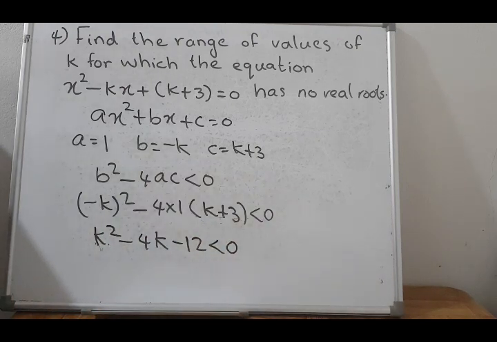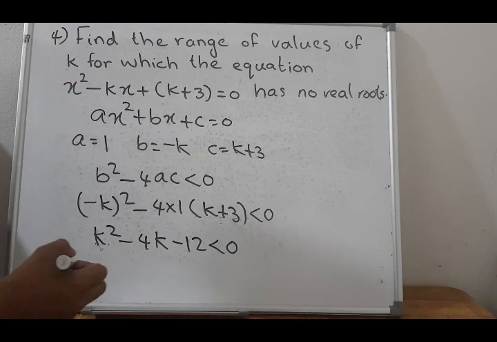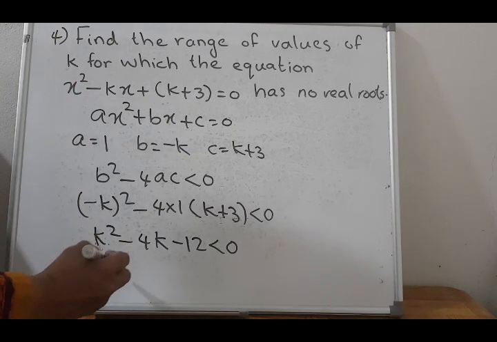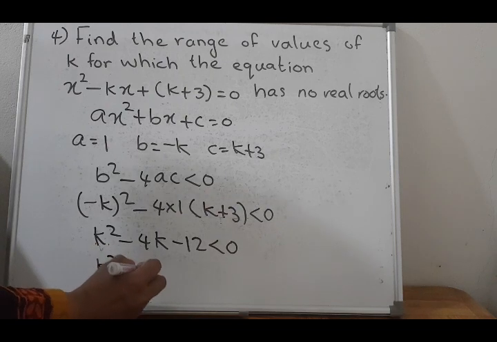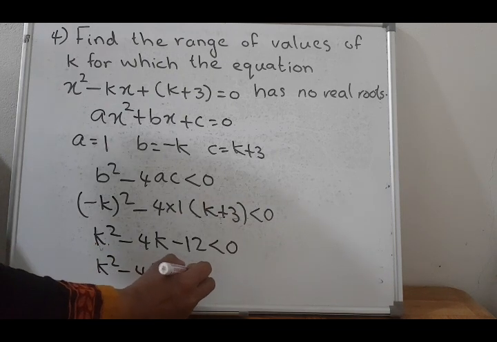You see here we have got a quadratic in k. So we have to solve the corresponding quadratic equation to get the critical values. That is k square minus 4k minus 12 equal to 0.